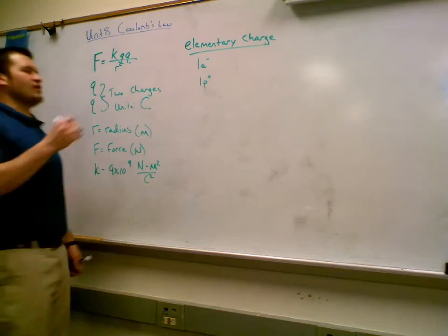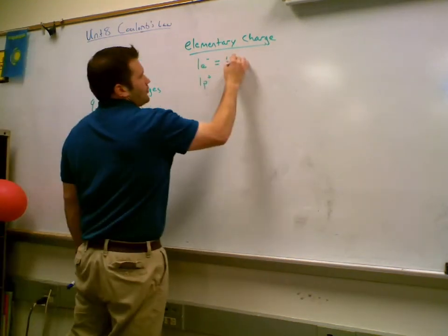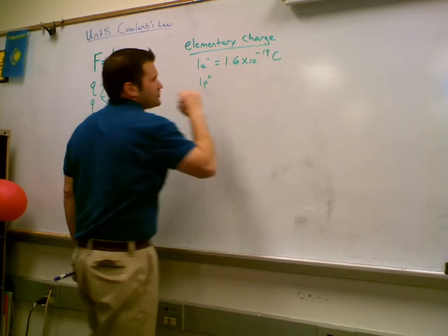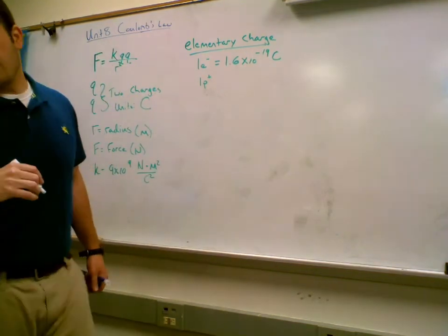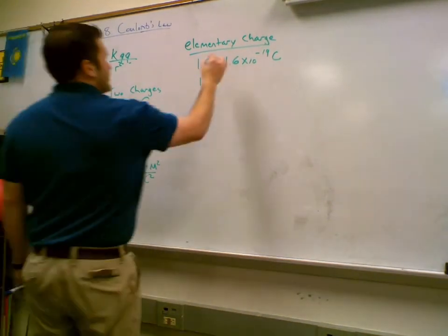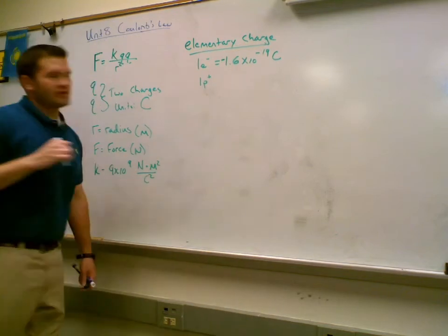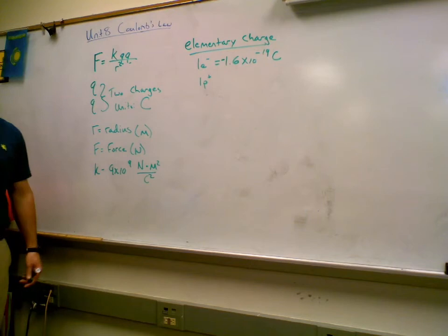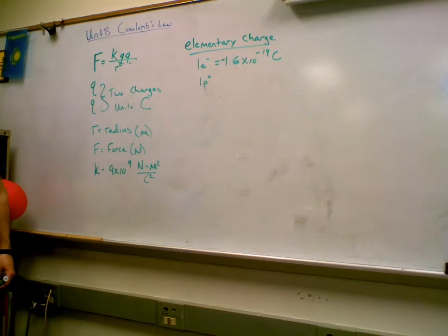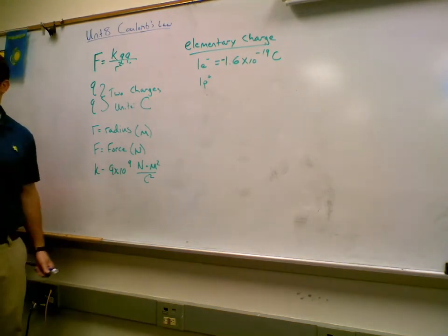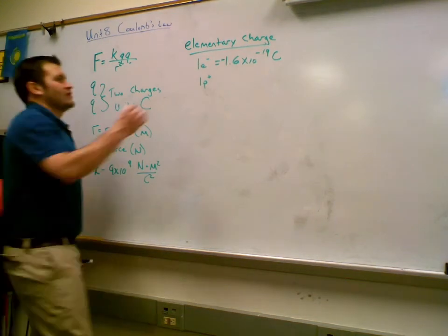The charge on one electron is 1.6 times 10 to the negative 19 coulombs, and electrons are said to be negative. So what's the charge on a proton? The same thing, just positive.